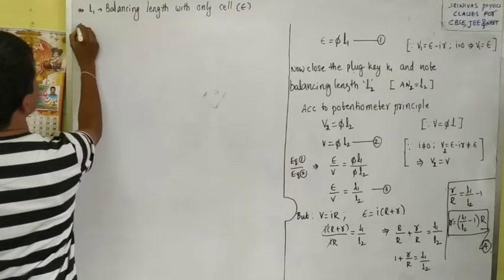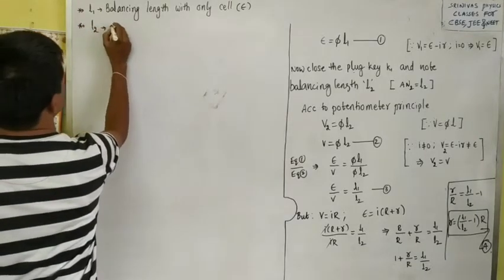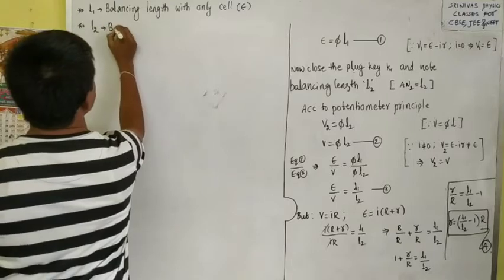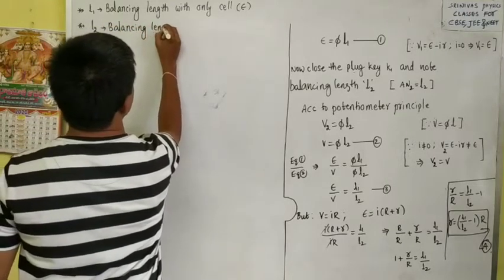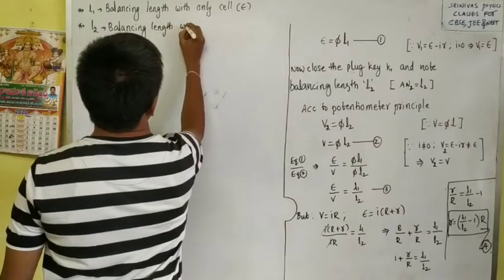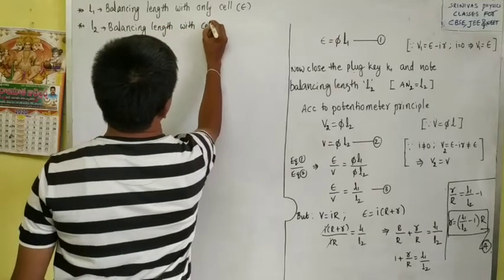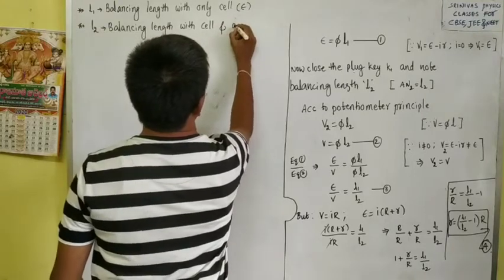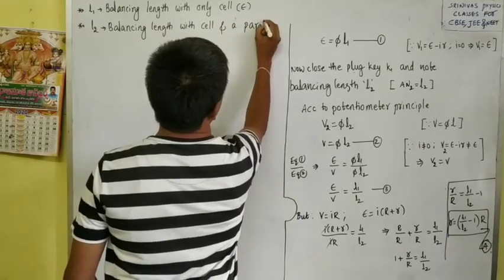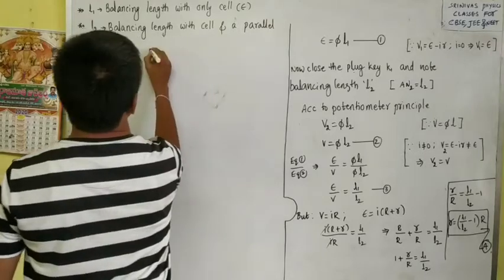L2 is the balancing length with the cell and a parallel resistance.